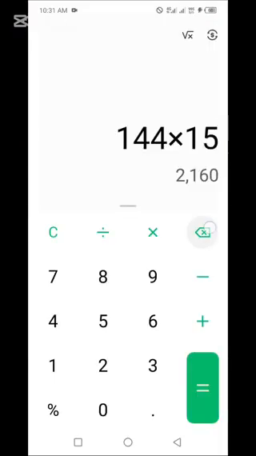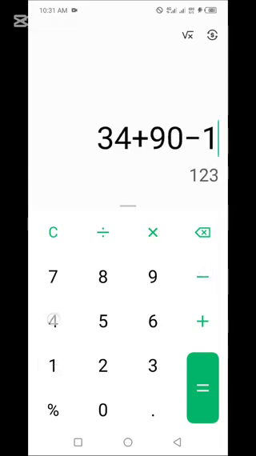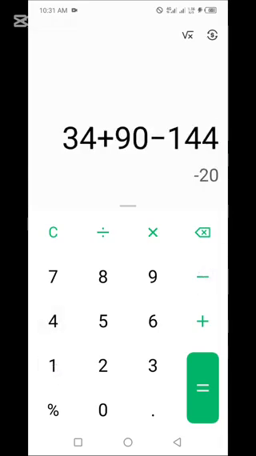Let us check. Okay, 34 plus 90, we have 124. So already, let's try to subtract this from 144. We are still expecting 20 more candles to be painted for another 144 to be reached on this time frame. I hope this is becoming clearer.